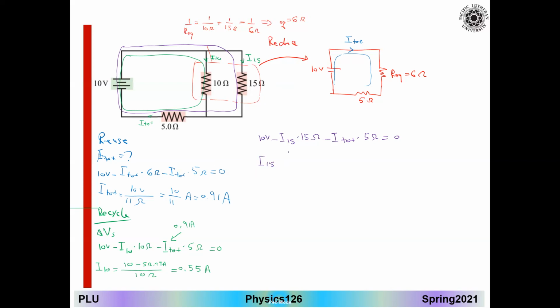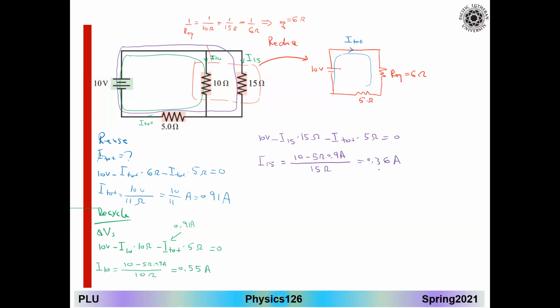In that case it will be equal to 10 minus 15 ohm times 0.9 amps divided by, here's a 5, not 15, sorry, divided by 15. And we end up with 0.36 amps.